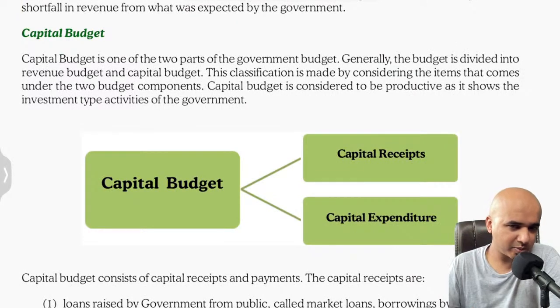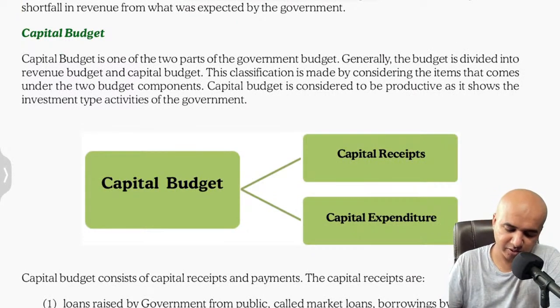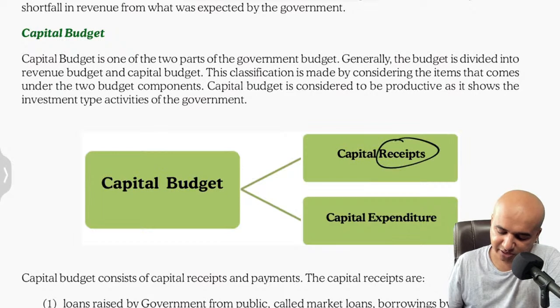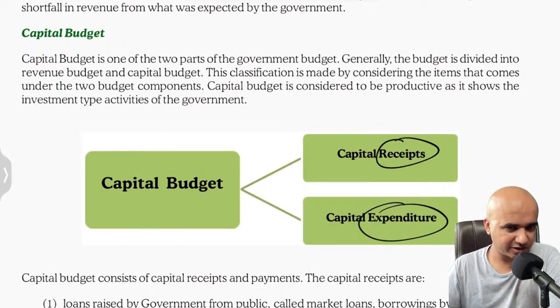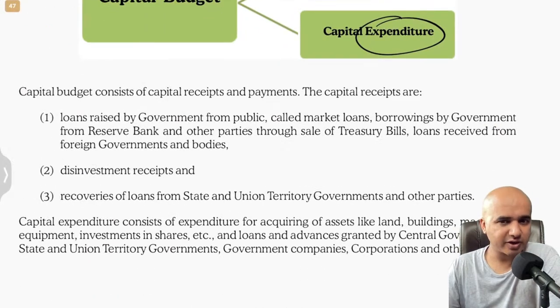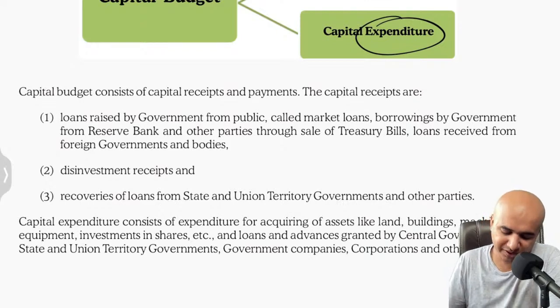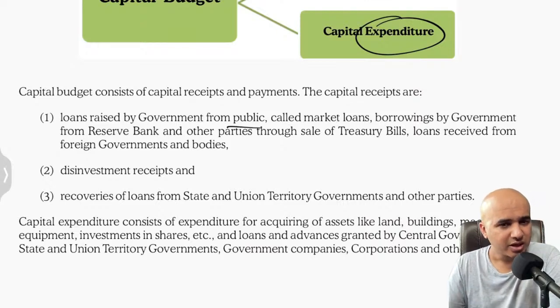So in case of capital budget, again we have different types. One is of course capital receipts, the other being capital expenditure, just like we had in the revenue receipts and revenue expenditure case. Now let's see what exactly we have here. Capital budget consists of capital receipts and payments. Capital receipts are loans raised by government from the public, long-term loans, because we won't be repaying these loans anytime soon.